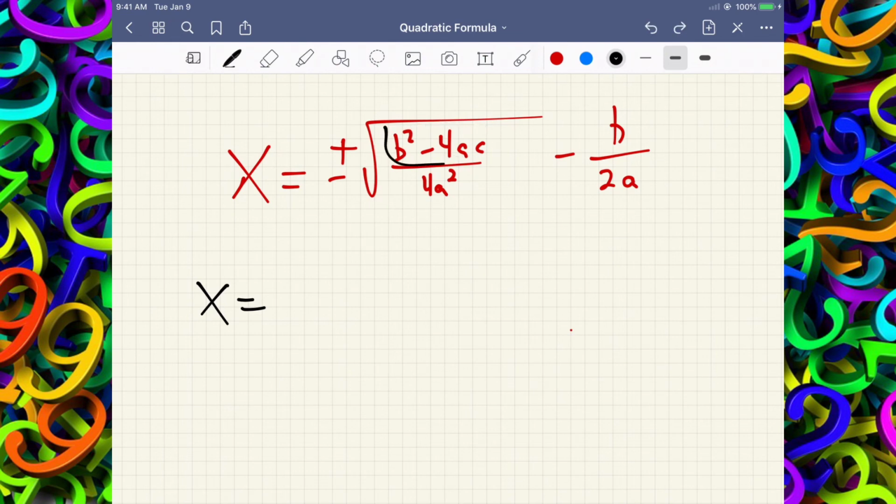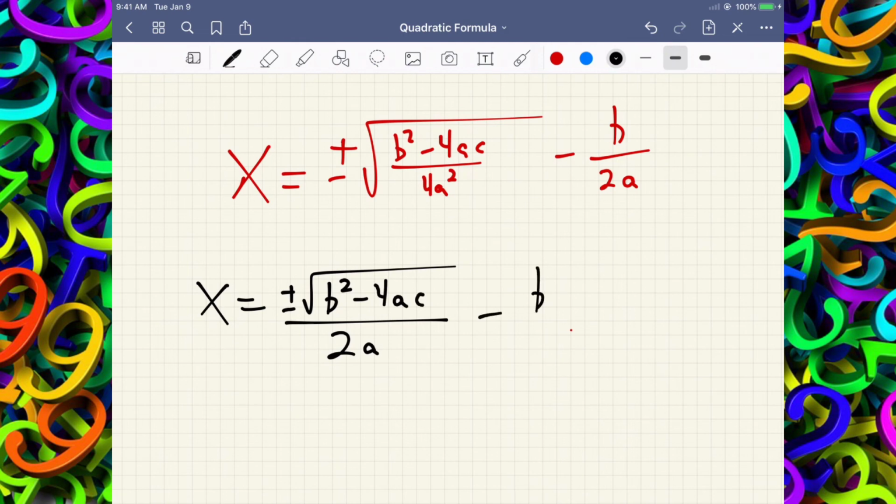It's a little too complex to find the square root of this. But notice our denominator, we are able to find the square root of this by finding the square root of 4 and the square root of a squared. And in fact, that is just 2a. We still have our plus or minus and our square root on top.